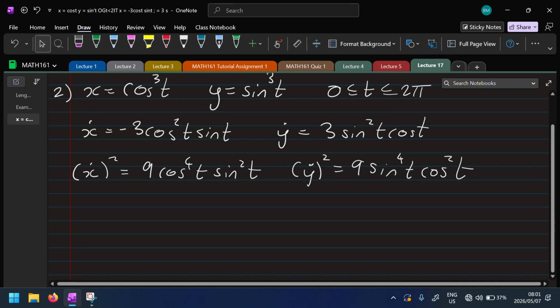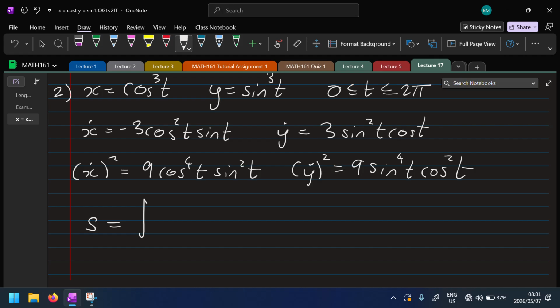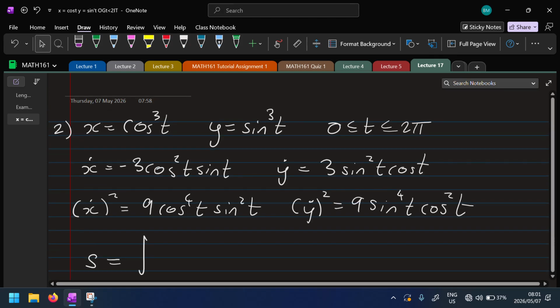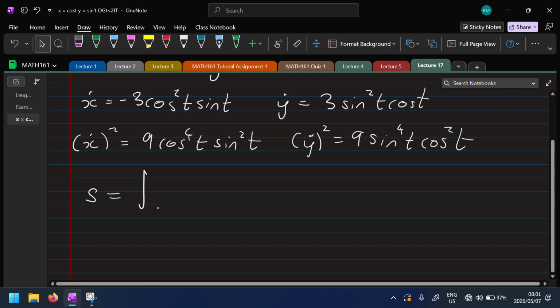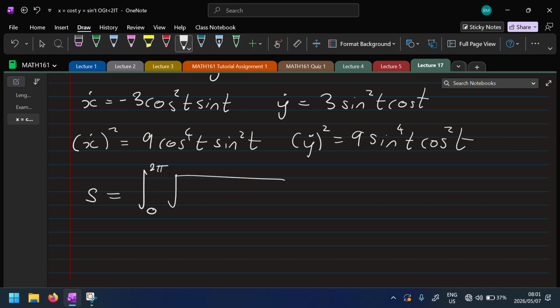Let's integrate up the speed. So the distance s is the integral from the starting time to the ending time, so from 0 to 2 pi. And then we have the speed, so that's the x component squared, plus the y component squared.